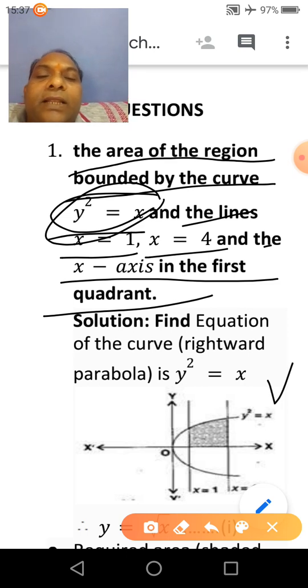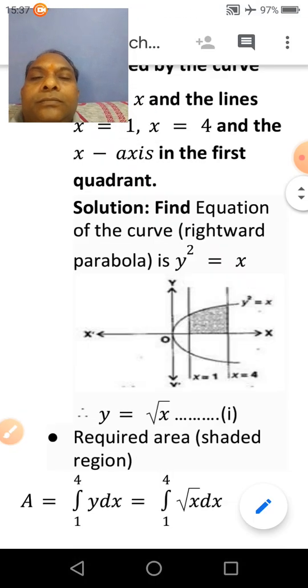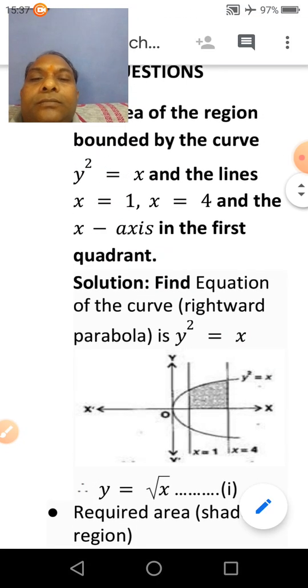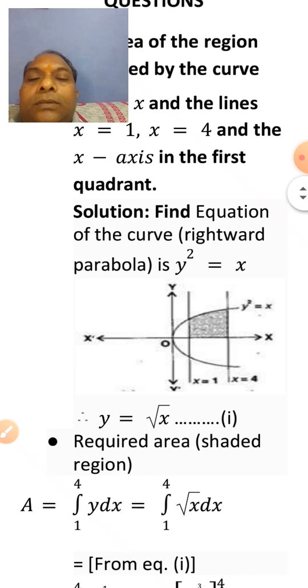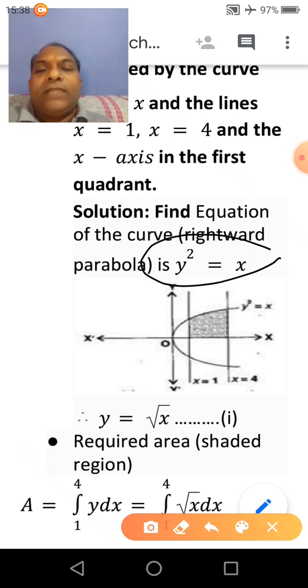See the figure here, and lines x is equal to 1 and x is equal to 4. Then area of the bounded region will be area of shaded region. Firstly find area of shaded region. So equation of curve is equation of parabola y square is equal to x.